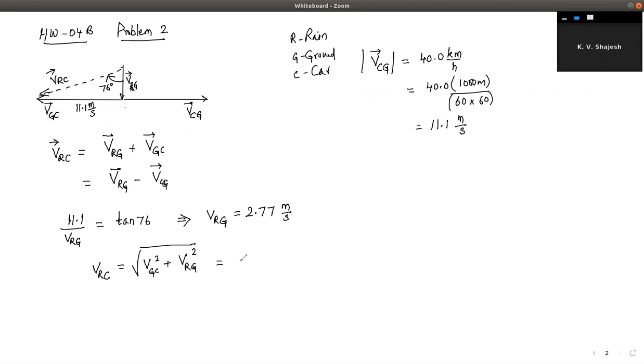That's equal to 11.1 squared plus 2.77 squared, and take the square root. That's 11.4 meters per second.